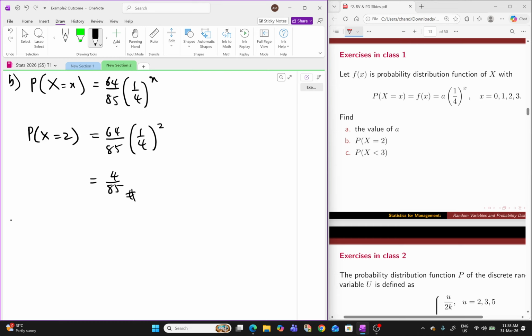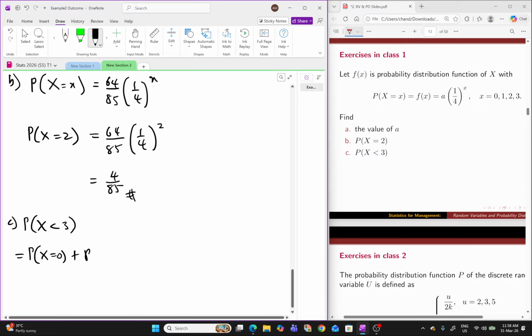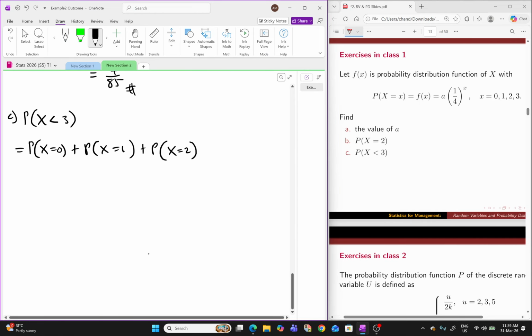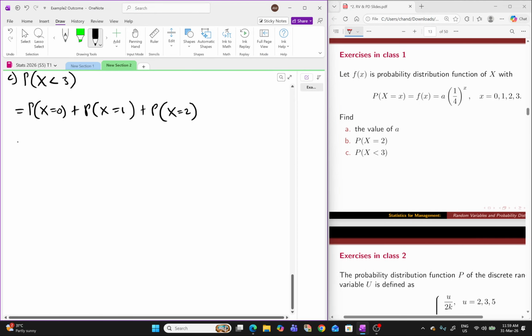For C now, x less than 3, you start with x equal to 0, 1, 2. You don't need to add 3 here because there's no equal sign. Less than 3, so 0, 1, 2 only. This is method 1, I will teach you method 2 also.